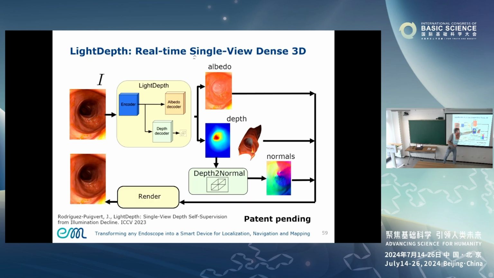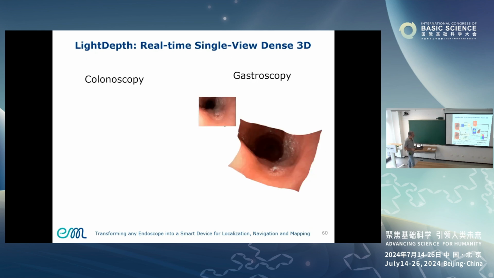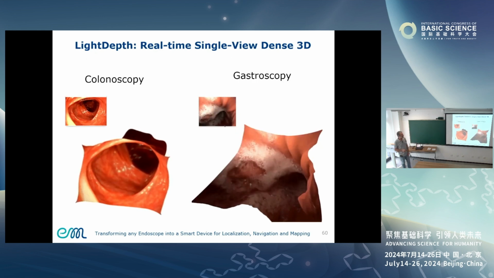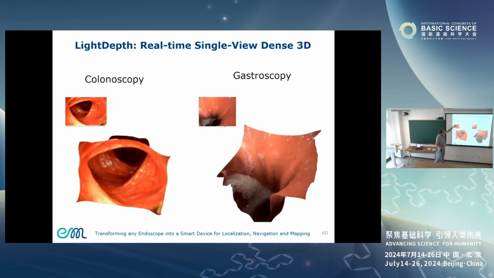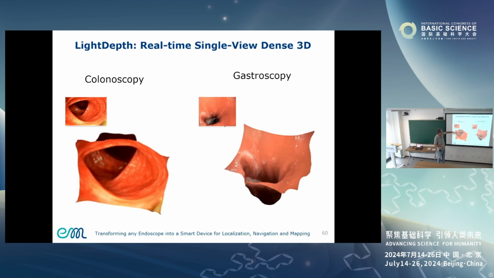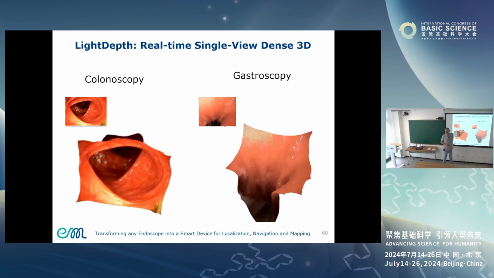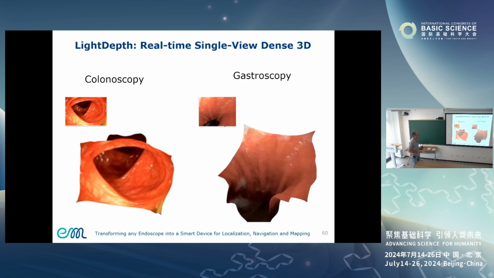It means that we can reassemble the image by rendering, and we compare the rendered image with the original one. So we have a self-supervision signal that is telling us if the reconstruction is correct or not. And after training this network, we are able, from one monocular frame, to compute depth using explicitly the light information.